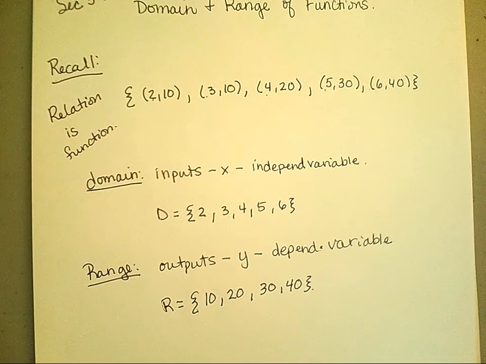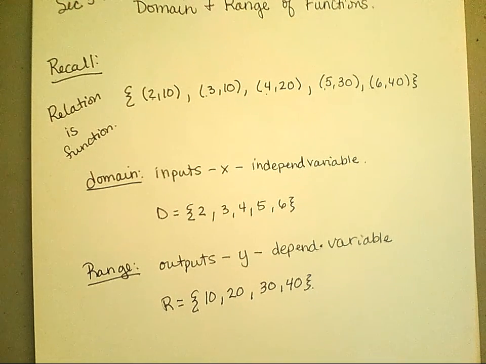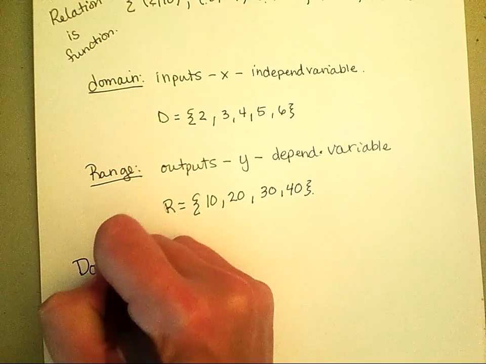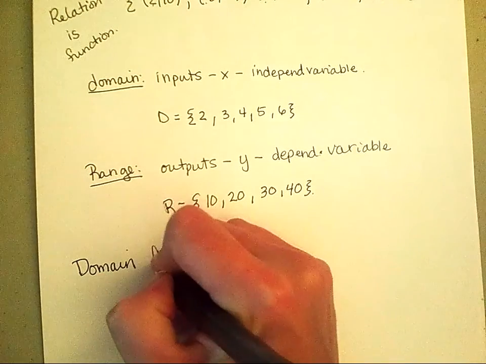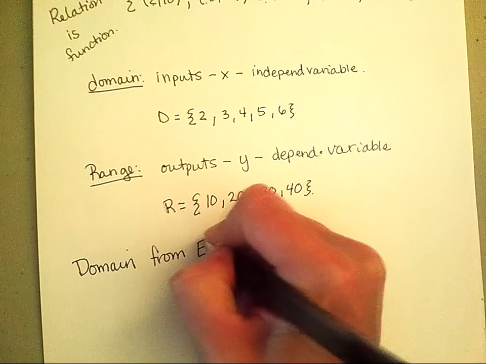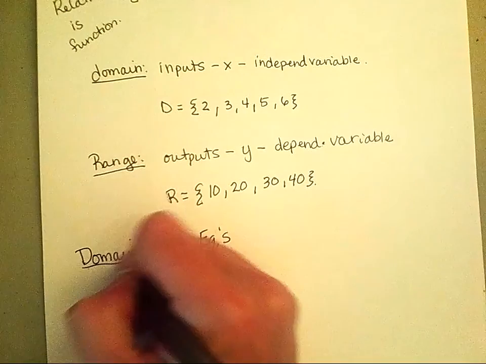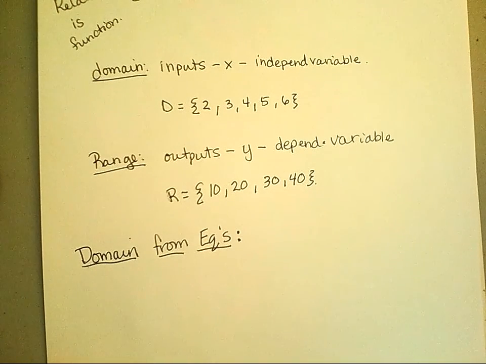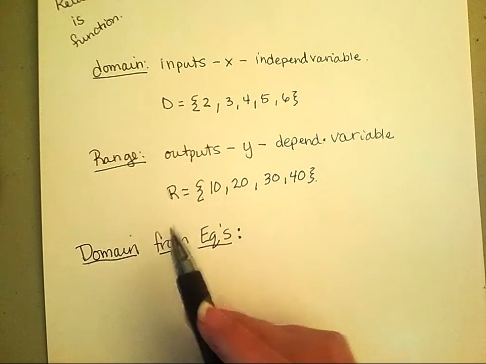However, once we start working with functions explicitly, it gets a little more confusing. So, for example, if we had to determine domain from equations, we need to expand our definition then of what domain is.